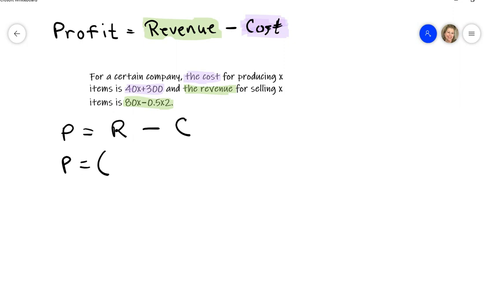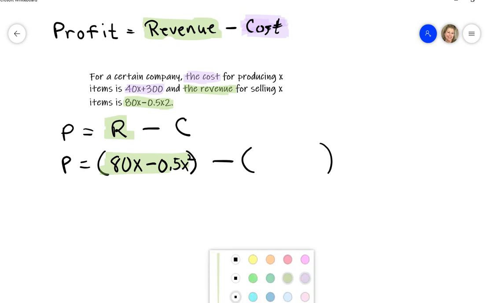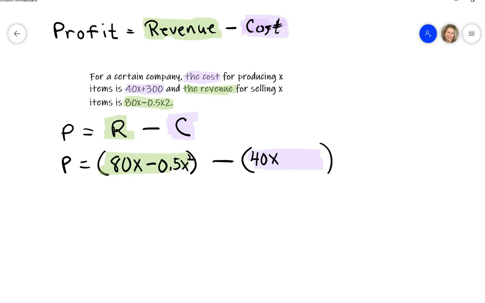And we were told that the revenue is green. That's going to go right here. The revenue is green, and our revenue is 80X minus 0.5X squared. And then the cost, purple, goes right here. Cost was purple, and cost was 40X plus 300.